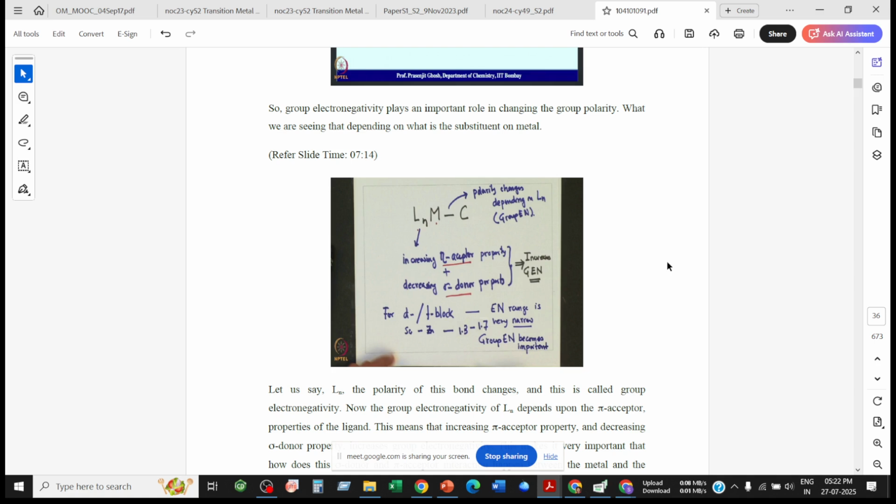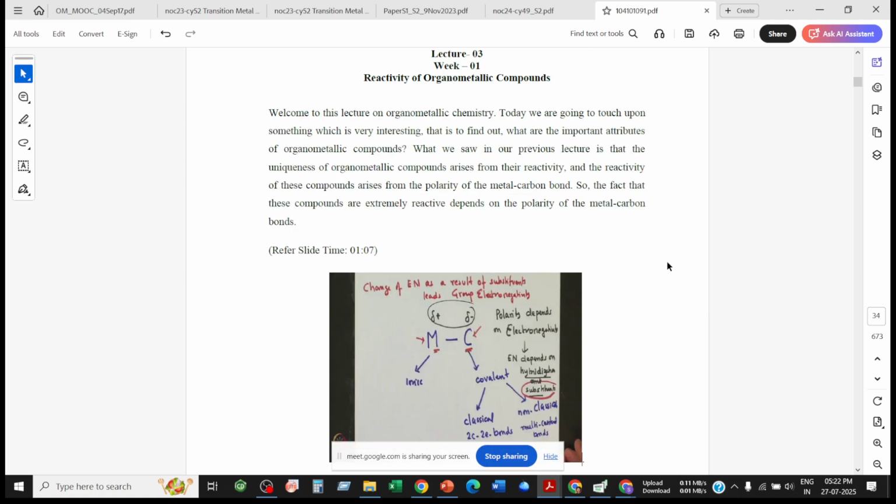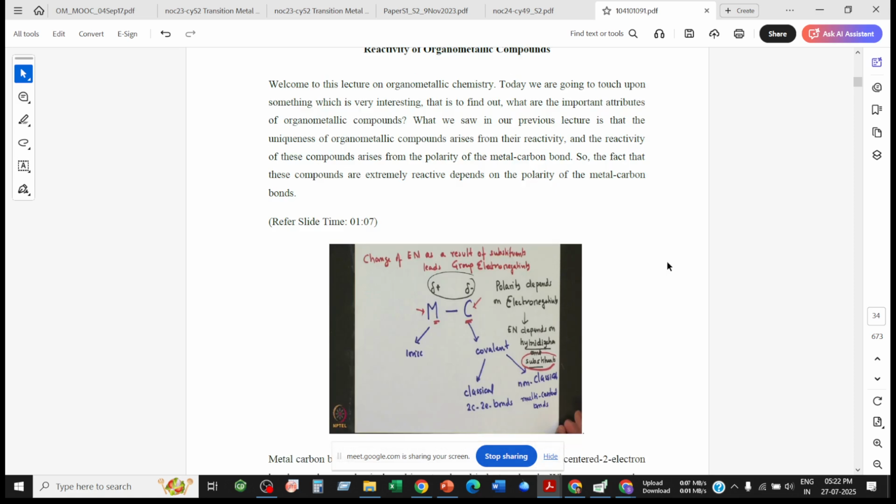That's why this bond will be more stretchable and more polar, and a more polar bond means the bond is weaker. Polarity changes and decreases the bond strength. And polarity depends on the electronegativity of the substituent.